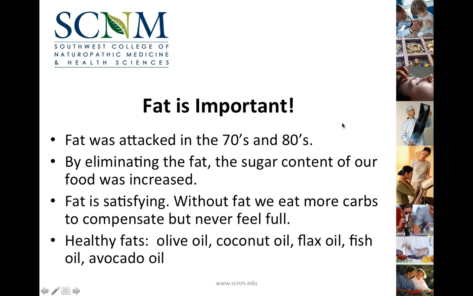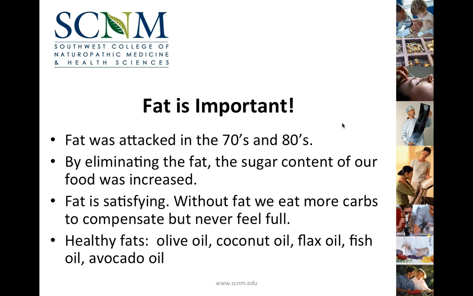So what happened is that fat got a bad reputation. Fat was attacked in the 1970s and the 1980s, and our body only recognizes three things: fat, protein, and sugar. So I want to say that again. Our body only recognizes fat, protein, and sugar.